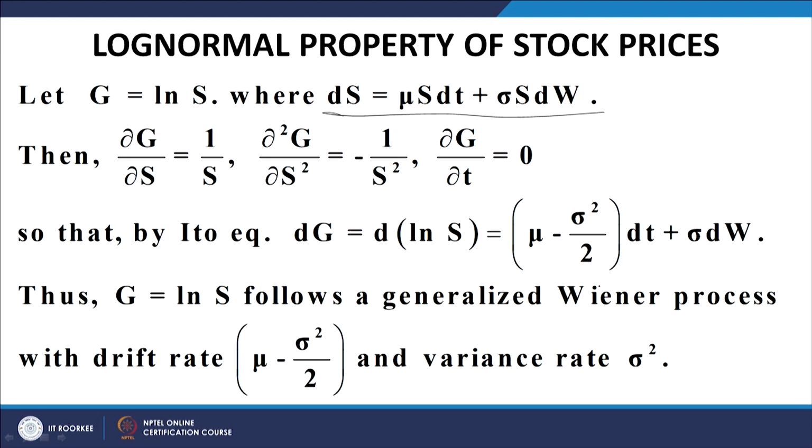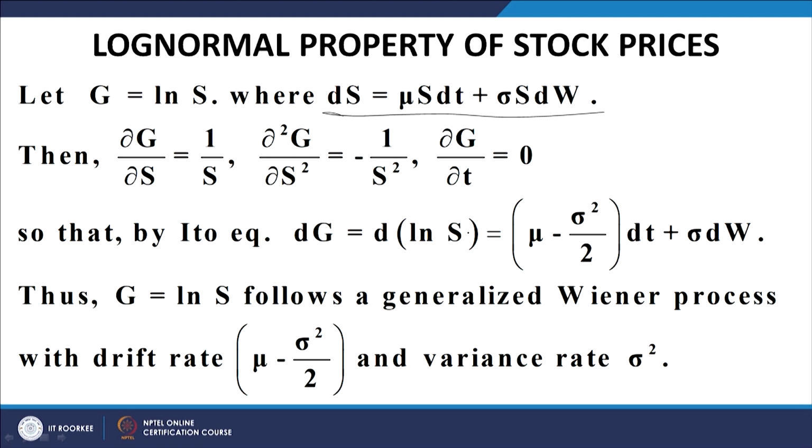I repeat, log of st, what is d? D is the change. So, log of st minus log of s0, if you integrate this, now this term is constant. So, you can simply integrate dt between 0 and t.